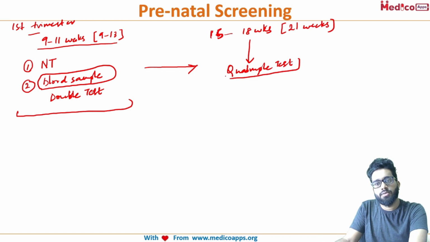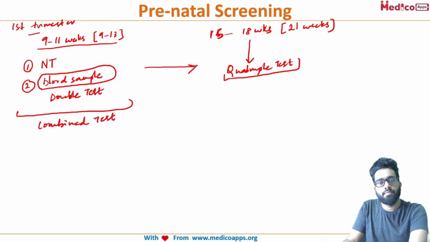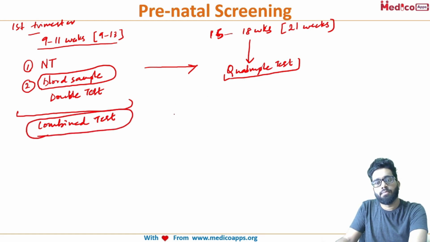So at the end of the first trimester, you get a double test plus nuchal translucency, and then a quadruple test. The double test plus nuchal translucency is called the combined test. This combined test plus the quadruple test together is called the integrated test.